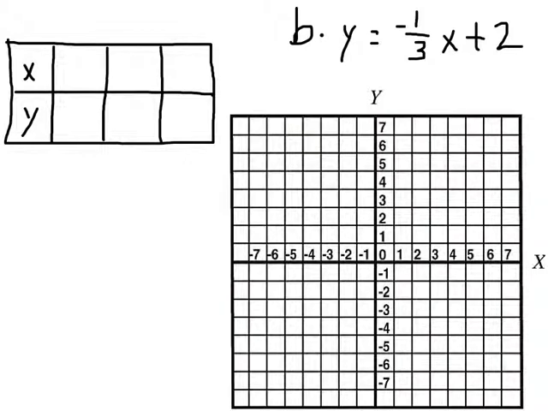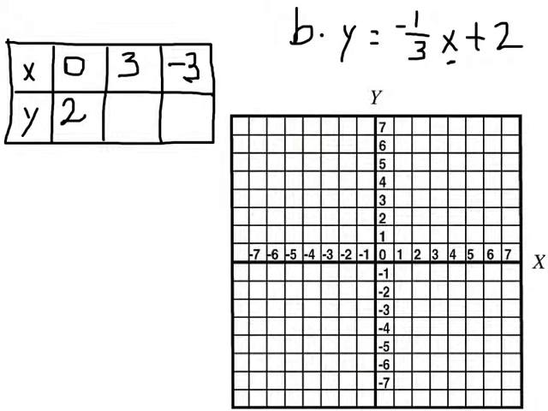Alright, so in this one, I'm going to use 0 first. Second, I'm going to use 3 because I have a denominator of 3 here. And third, I'm going to use -3. So plugging in 0 right here, 0 times -1/3 is 0, plus 2 is 2.